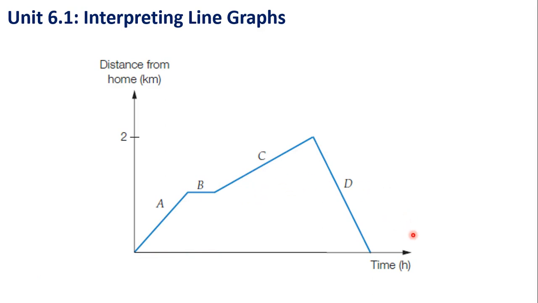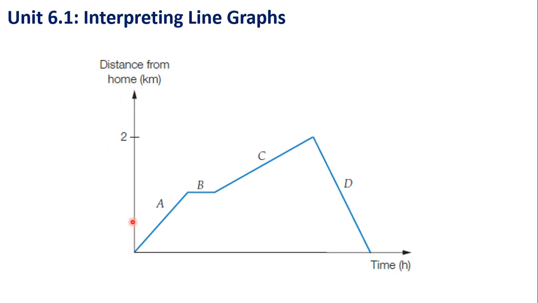So if we have a look at this graph, on the x-axis, now we've got time. So as we move along to the right on our horizontal axis, we've got time increasing in hours. On the vertical axis, we've got distance from home in kilometers.